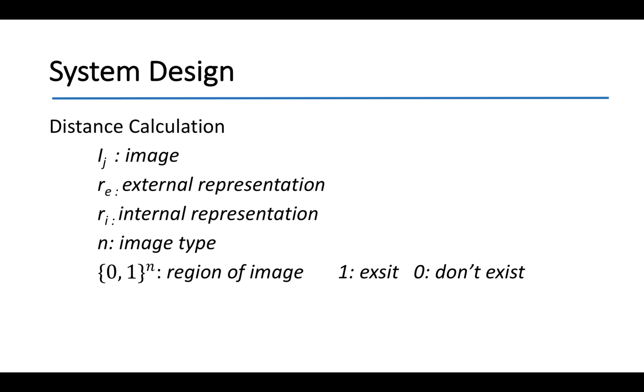Some concepts should be introduced here. The first, Ij, represents the image j, and RE is the external representation of an image. RI is the internal representation. And here is the image type, and the beta array of 0 and 1 records the regions in the image, where 1 means the type exists in the image and 0 means it doesn't.